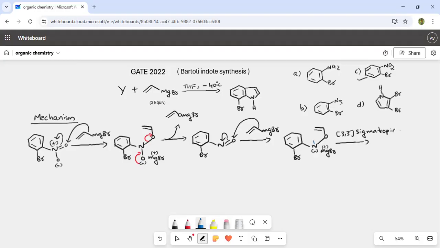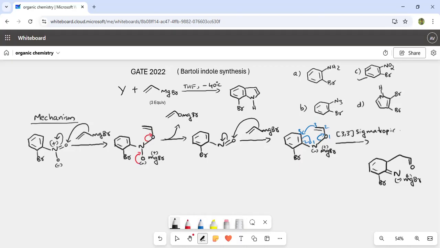We can number nitrogen and oxygen as one. So this is an example of Claisen rearrangement. We can show the bond shifting like this, and the pi bond shifts here, and this bond breaks. Double bond N with negative charge, and MgBr with positive charge.